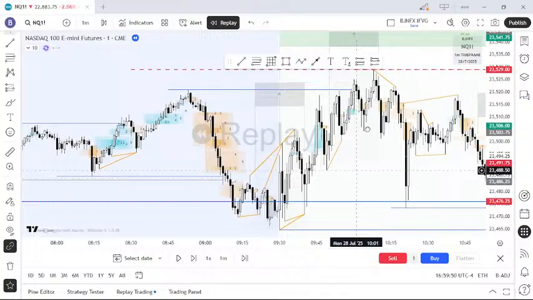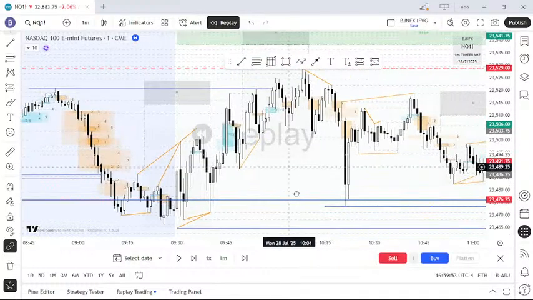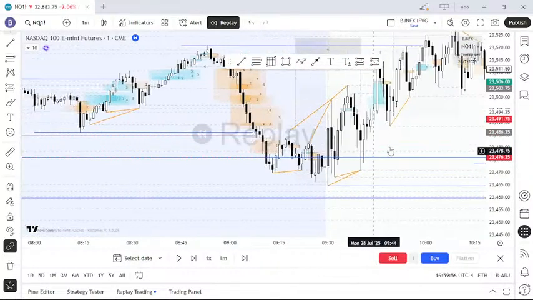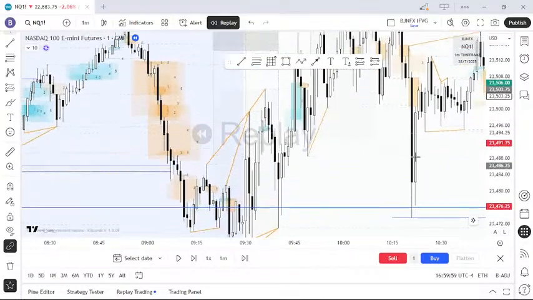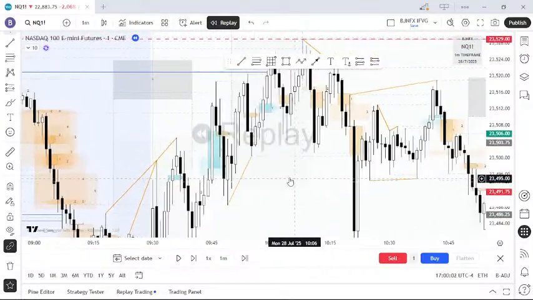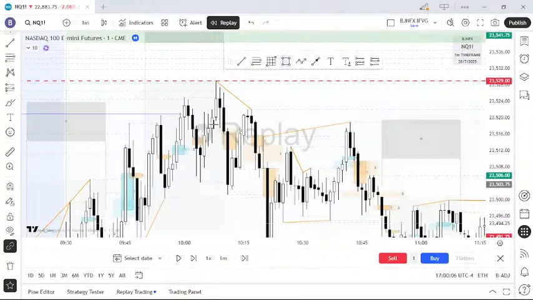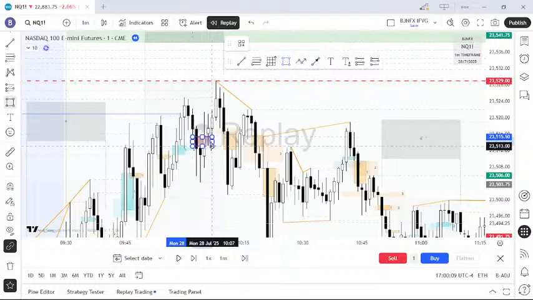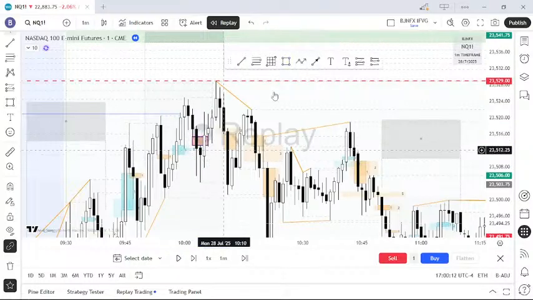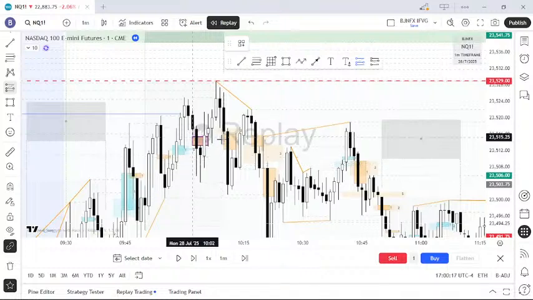There's no valid setups except for a losing setup that was this one here. It's a C rank setup, only one confluence. The price respected this 1 minute and 2 minute bullish FVG and inverted this 1 minute bearish.